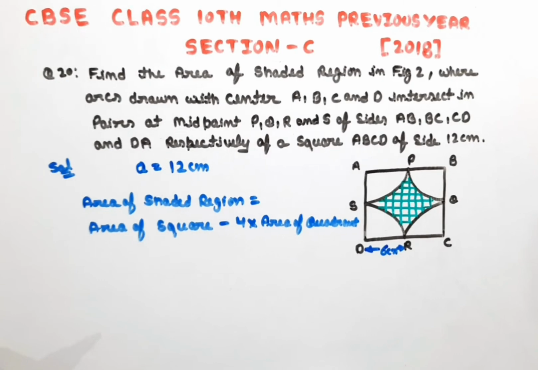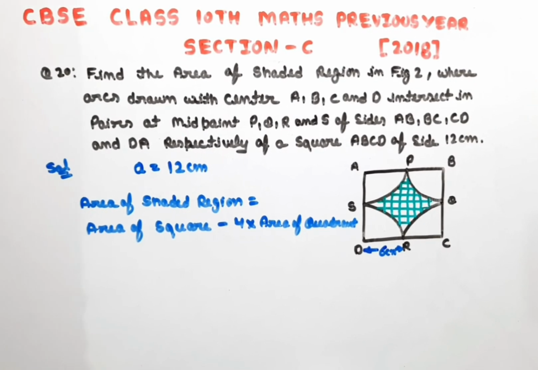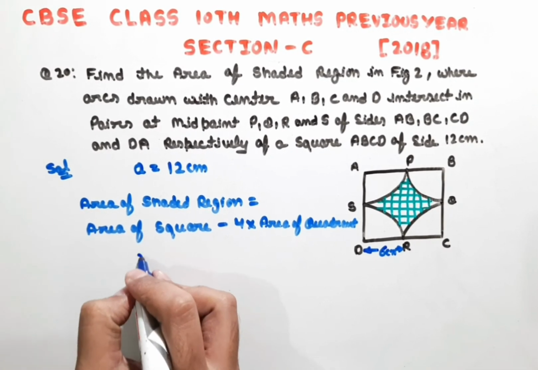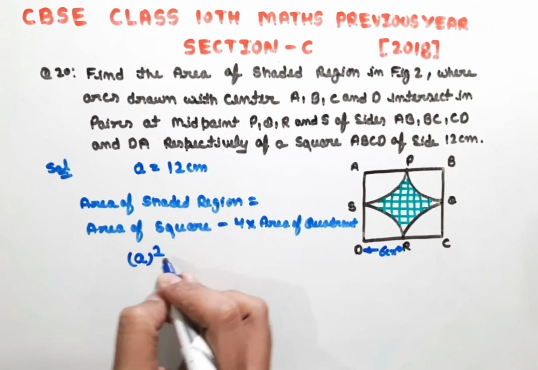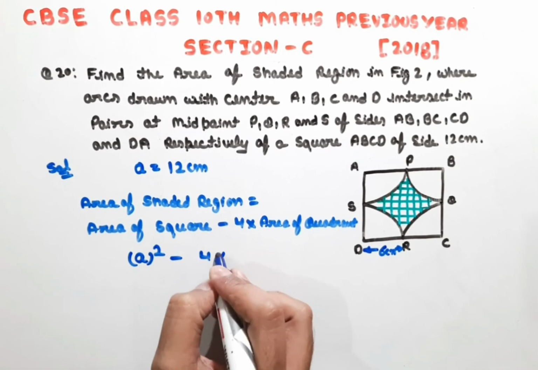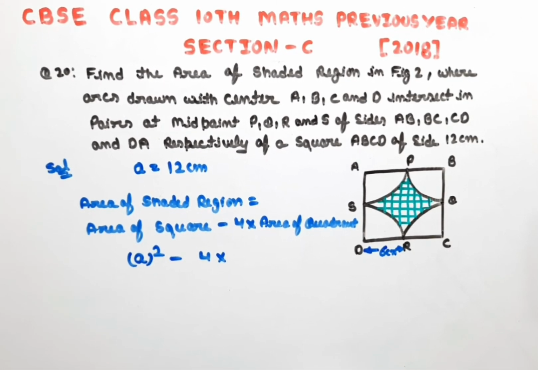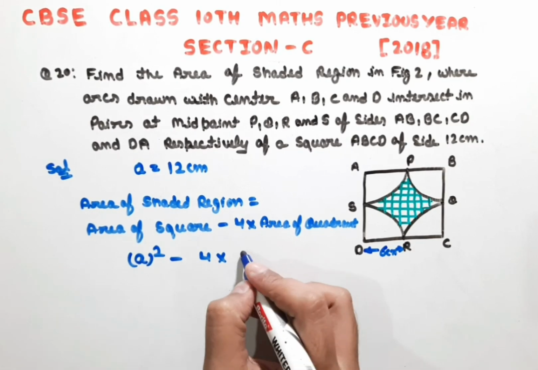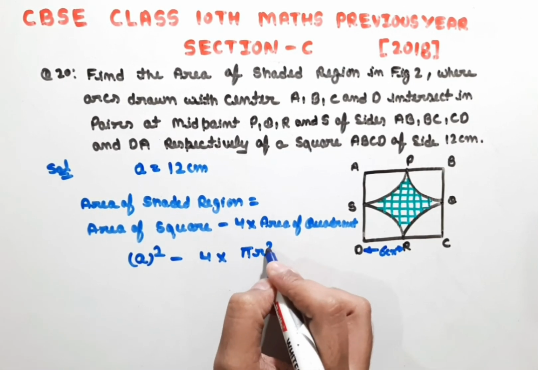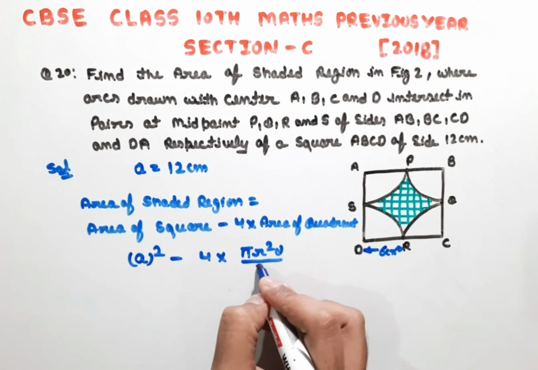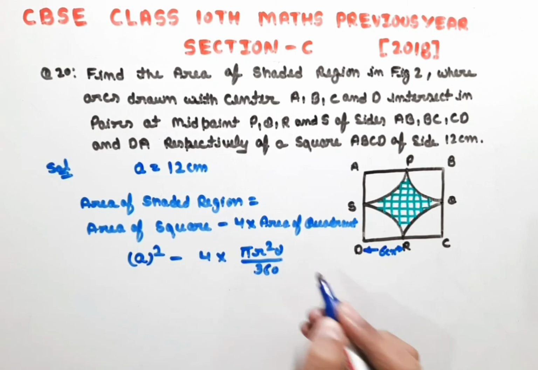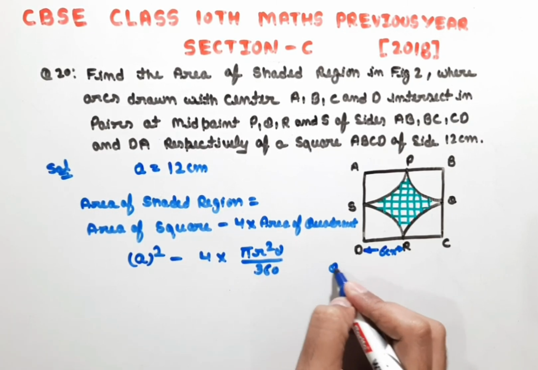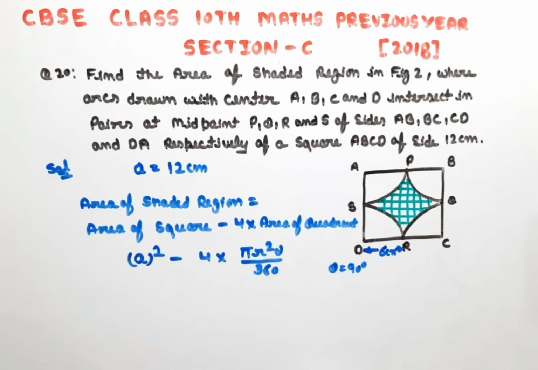Now we know that area of a square is given by side square, that is a square, minus 4 into area of quadrant, which will be equal to pi r square theta upon 360, where theta is 90 degree.